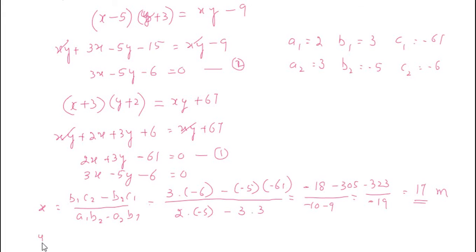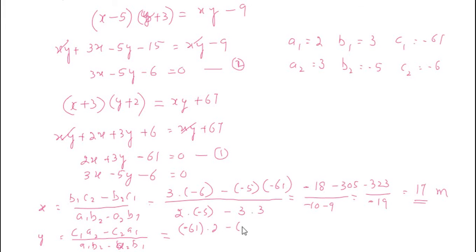Let us calculate y, the breadth. Breadth y is given by C1A2 minus C2A1 divided by A1B2 minus A2B1. Now C1 is minus 61, A2 is 3, not 2, minus C2A1.